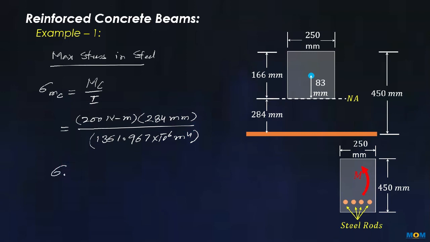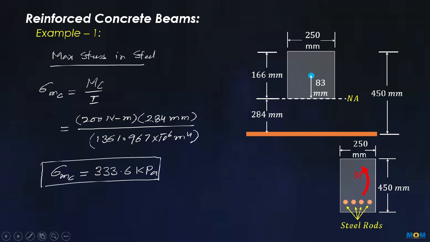So the maximum stress in steel is going to be 333.6 kilopascal. So with this we end our discussion.